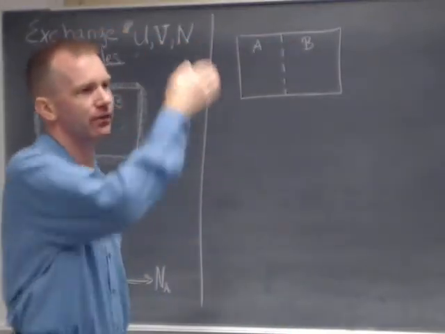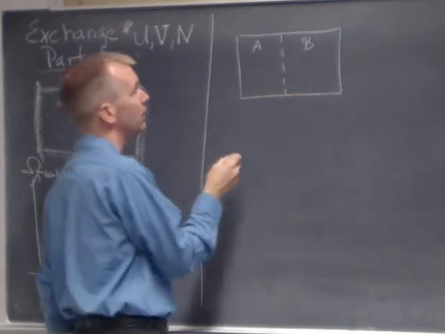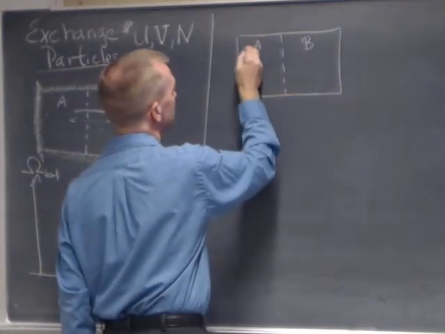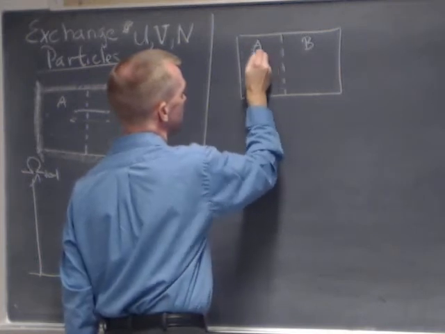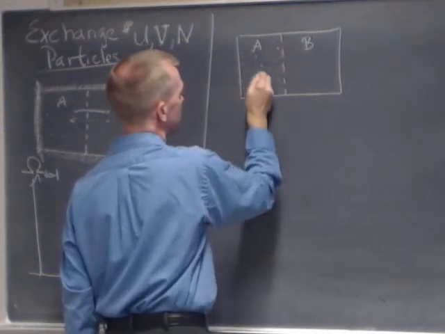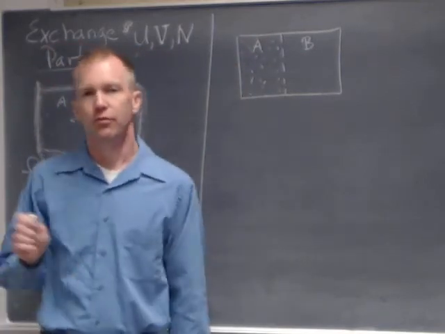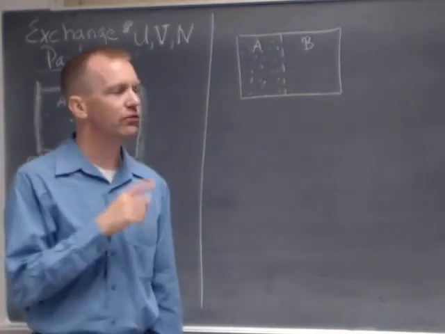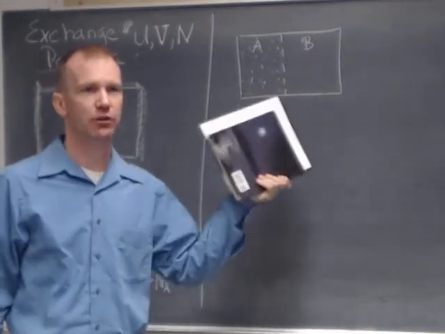We could even just have an invisible line down the middle, so that we're keeping track of what's side A and what is side B. So here's the question. What is the chance that all of the particles will wind up on side A with none on side B?